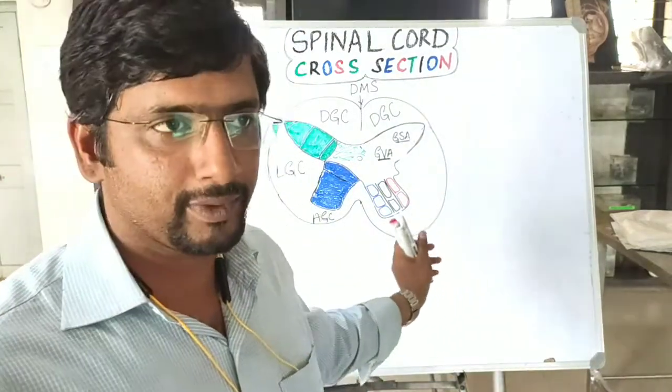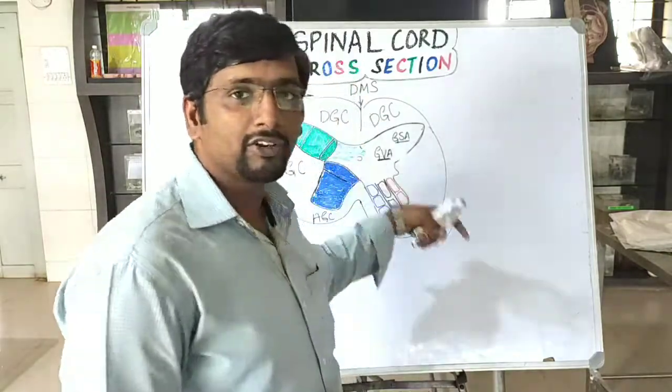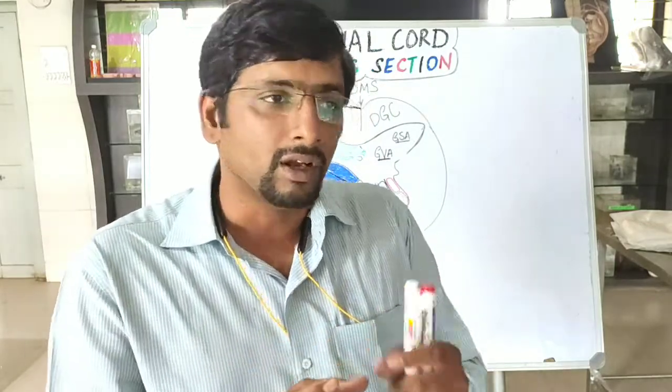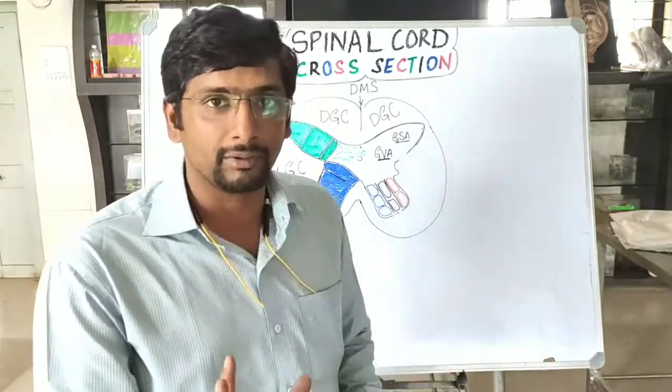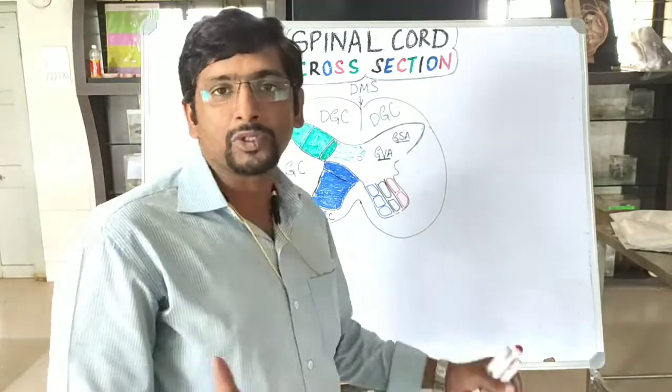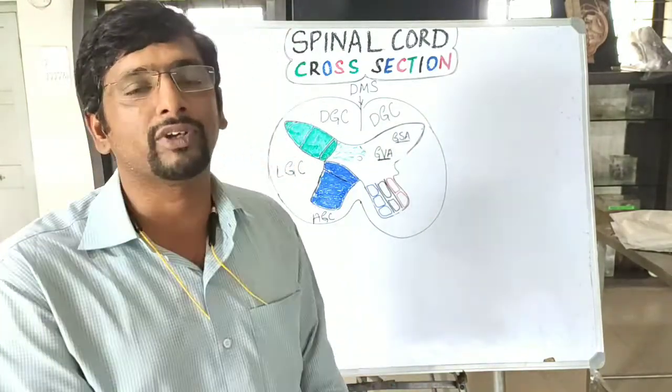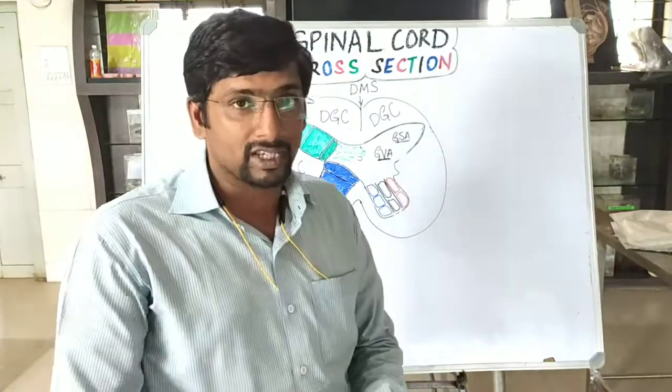This is just a schematic representation. In every part of the spinal cord, from the lumbar, thoracic and cervical regions, the portions will differ. In one diagram I am showing all the parts here. It doesn't mean that all those columns of gray horn will be there. First I want to clear that.